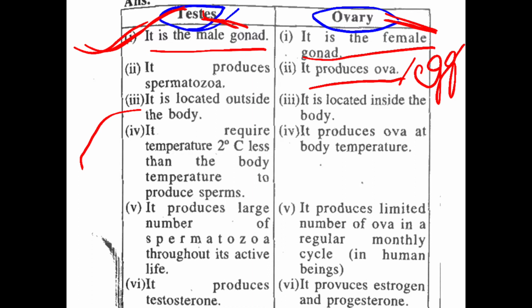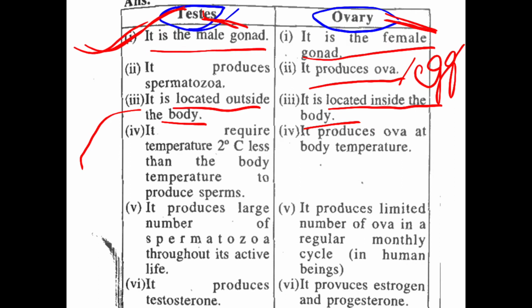Okay, because in humans and some other mammals, the sperm is produced only if the temperature of the testis is less than the body temperature, 2 degrees less than the body temperature. Okay, so testis is located outside the body, whereas ovary is located inside the body.